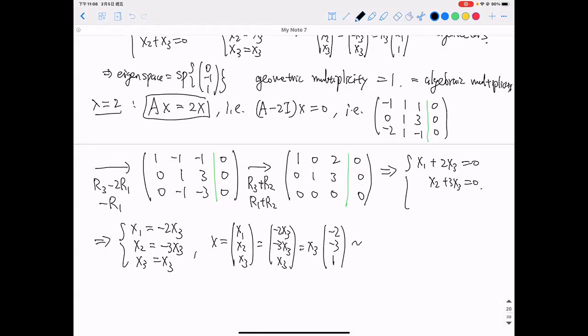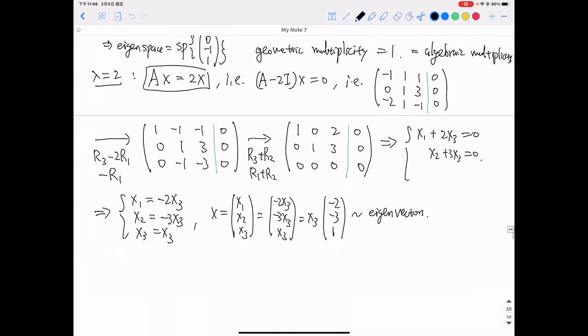So we found all the eigenvectors, which tells us that the eigenspace is the span of this vector minus 2, minus 3, 1. And again, it's one-dimensional.